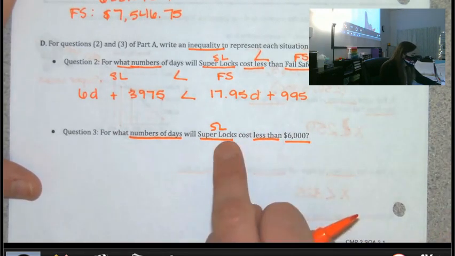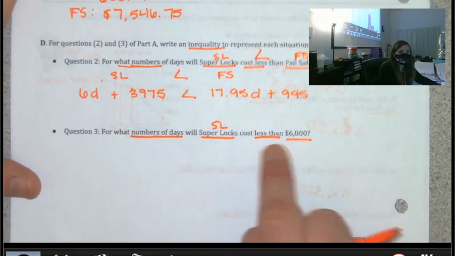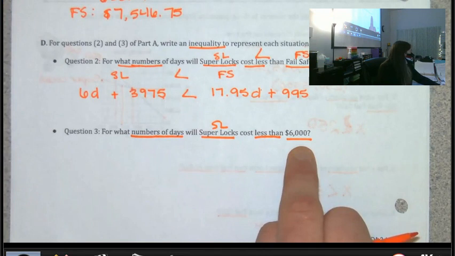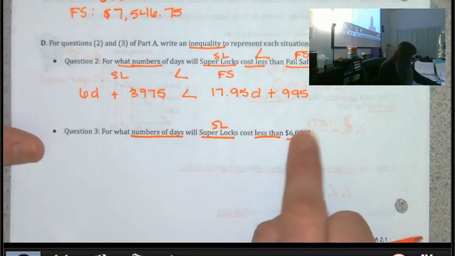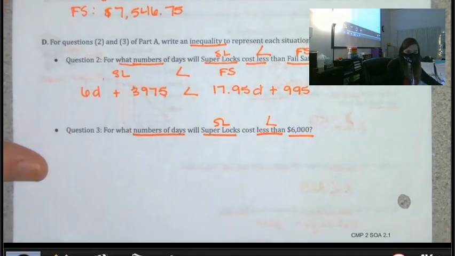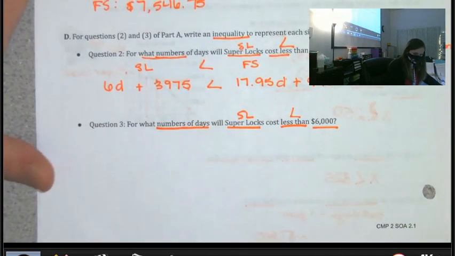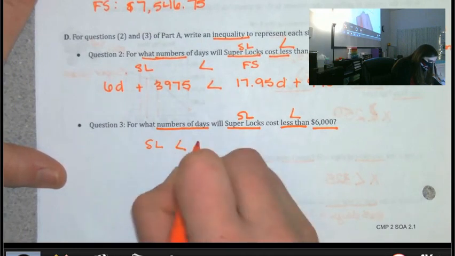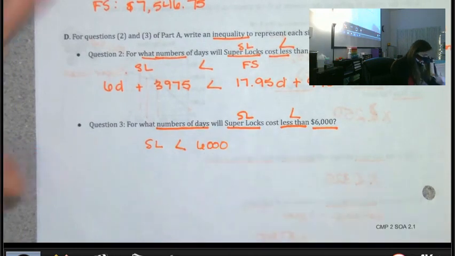The Superlocks needs to be less than, so smaller than 6,000. So which way does he need to open up? Who does he need to go to? 6,000, right? Because 6,000, we want that to be bigger than Superlocks. So SL is going to be less than 6,000.